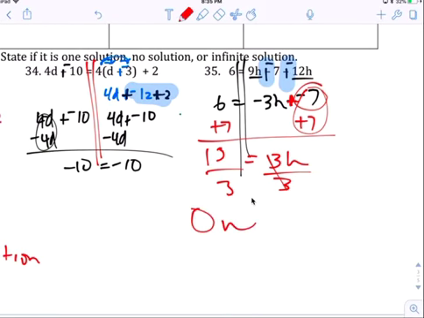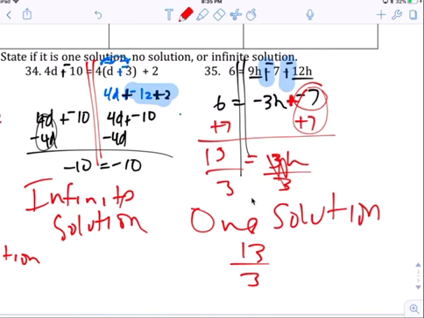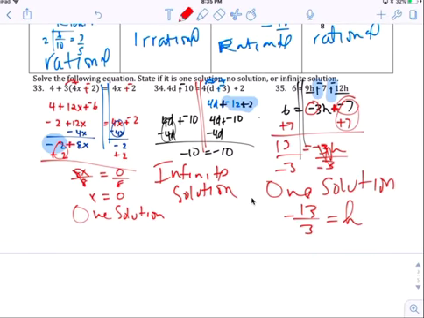One solution. This is infinite solutions, okay? Because it's 13 over 3. Oh, I forgot to bring down this negative. Negative 13 equals h. Okay, that's how you do that.